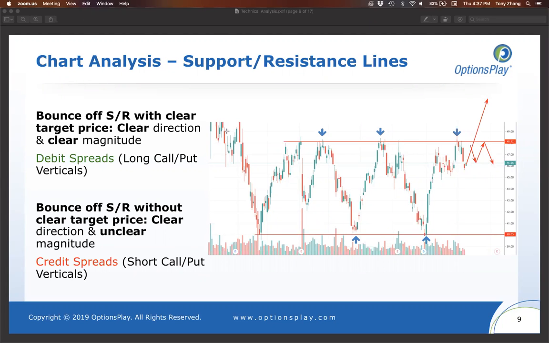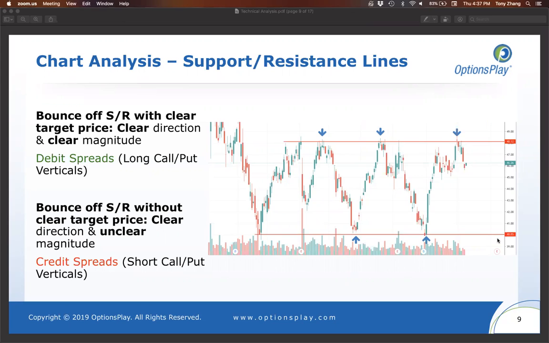And a credit spread allows you to do that as long as the stock does not exceed that resistance level. So those are the two different ways that you can look at a support or resistance level. And again, support or resistance levels do not have to be straight horizontal lines like the one that I have here. They could be in other forms of support or resistance.